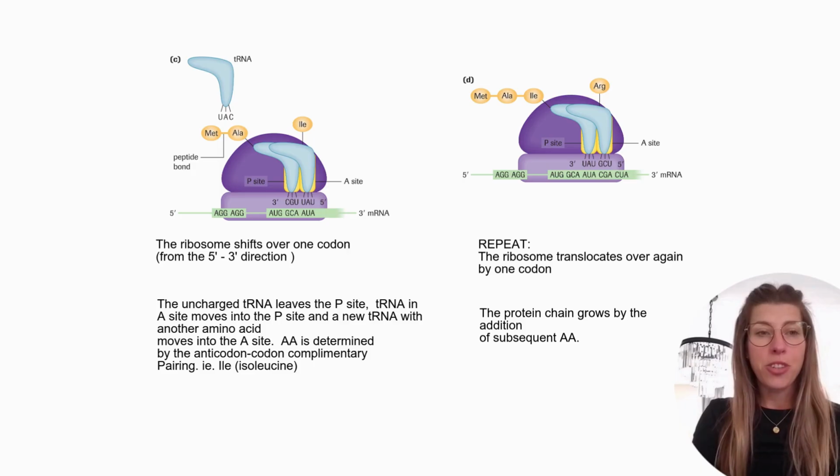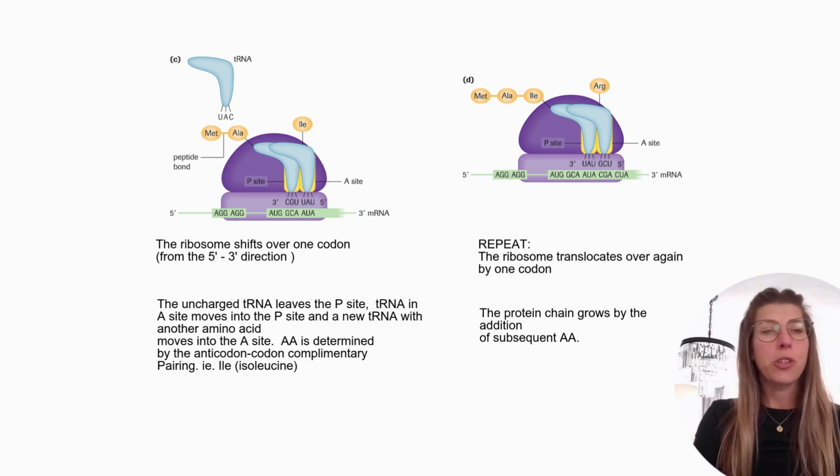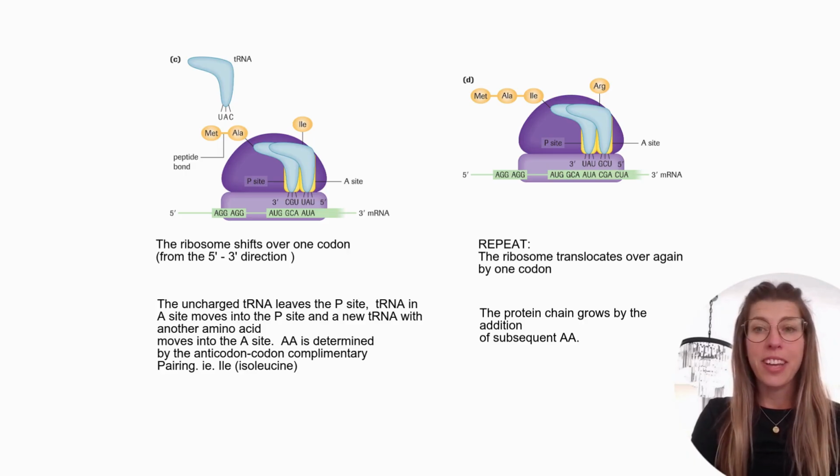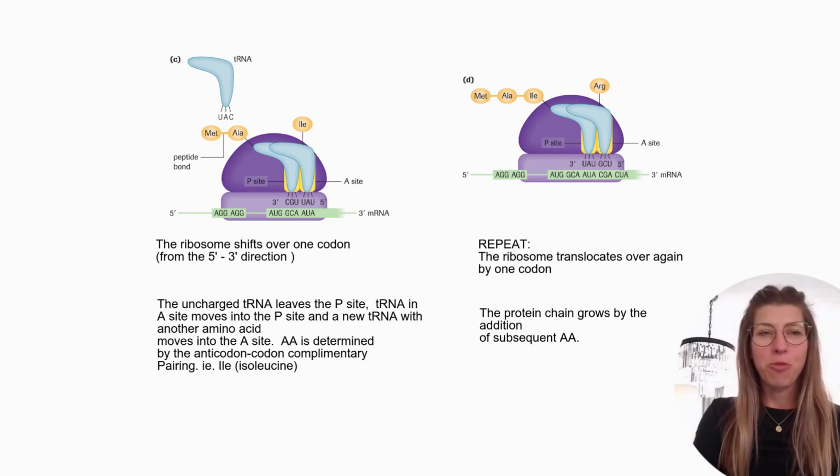So now we're at AUA, which the complementary anticodon for that is UAU, which is found on the tRNA, which brings in isoleucine there. And what do you think is going to happen between the amino acids in the P site and the A site, the alanine and the isoleucine? Well, if you look over at D there on the right, they are going to form another peptide bond.